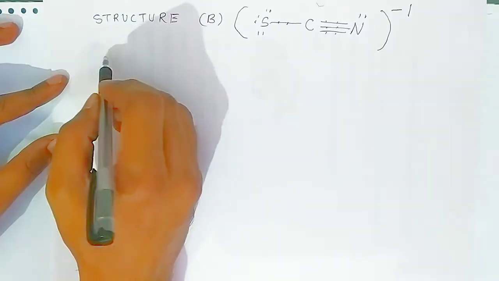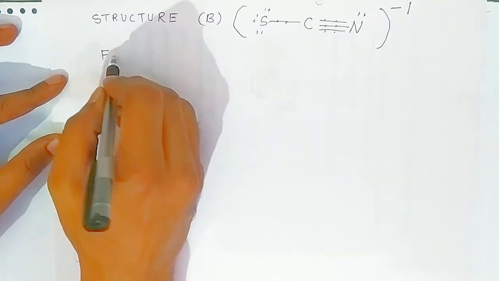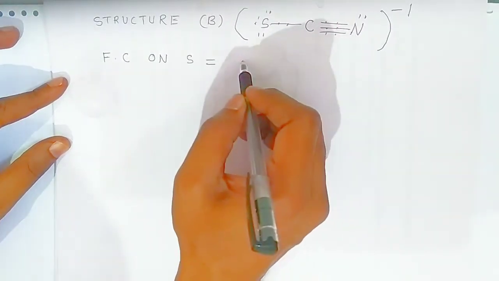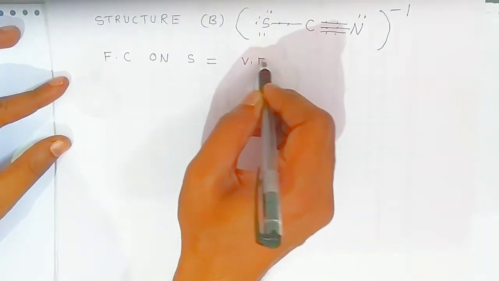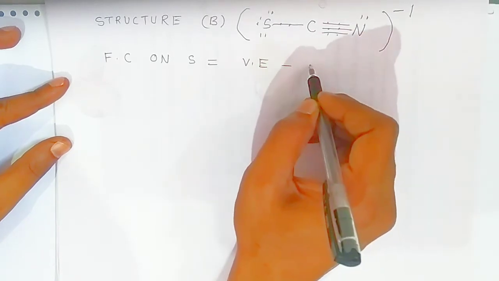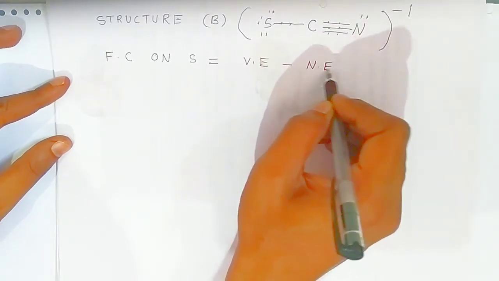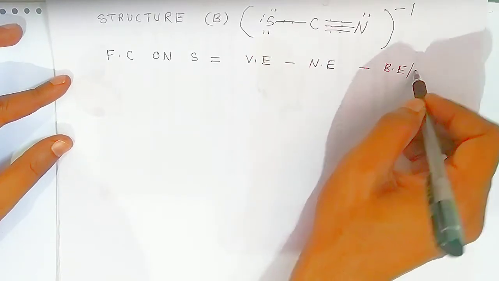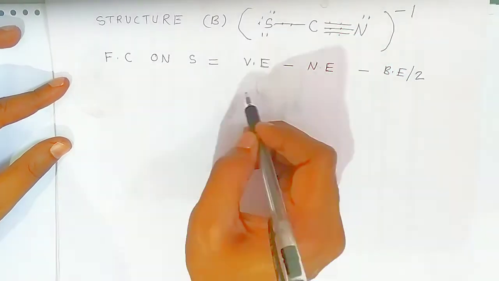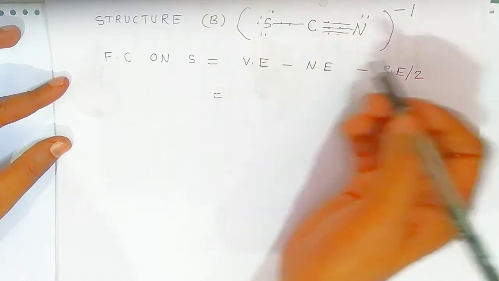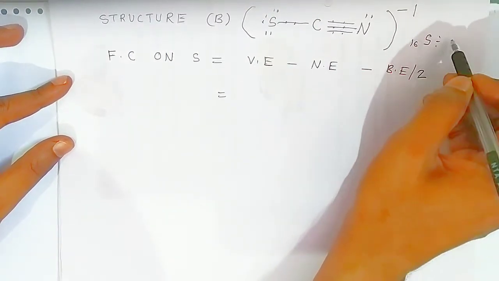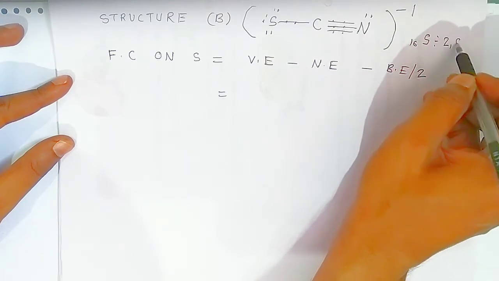Now students, in the same way we can find out the formal charge on sulfur, which is equal to the valence electrons of sulfur minus non-bonding electrons of sulfur minus half of the bonding electrons of sulfur. Okay students, the atomic number of sulfur is 16. Its electronic configuration is 2, 8, 6.